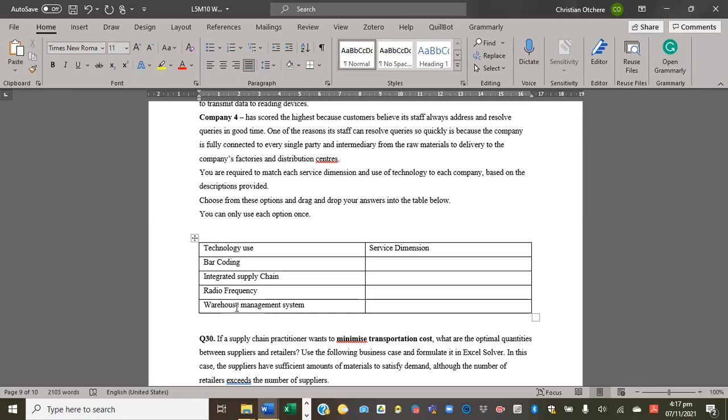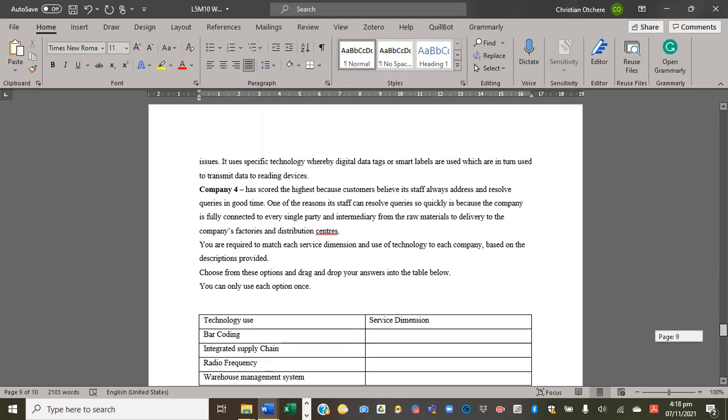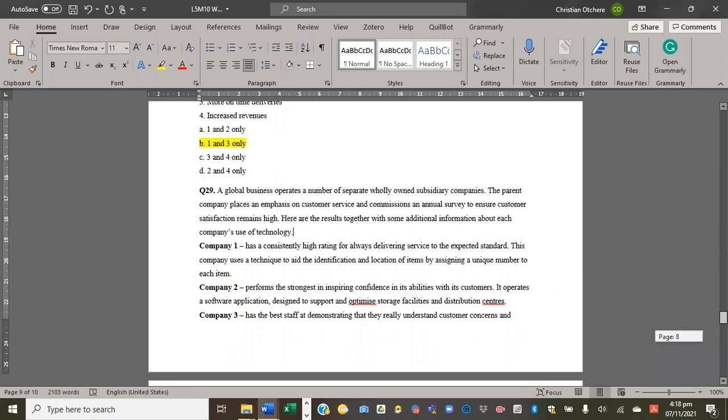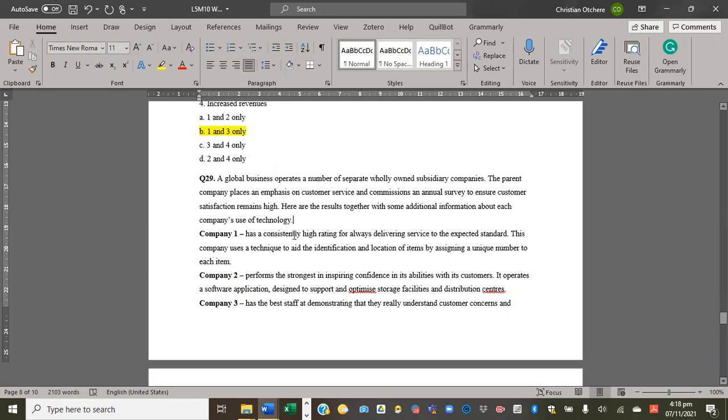So the service dimensions, we know them, the RATA model. So let's take note. The reliability, responsiveness, empathy, assurance, they are the ones we are looking at.